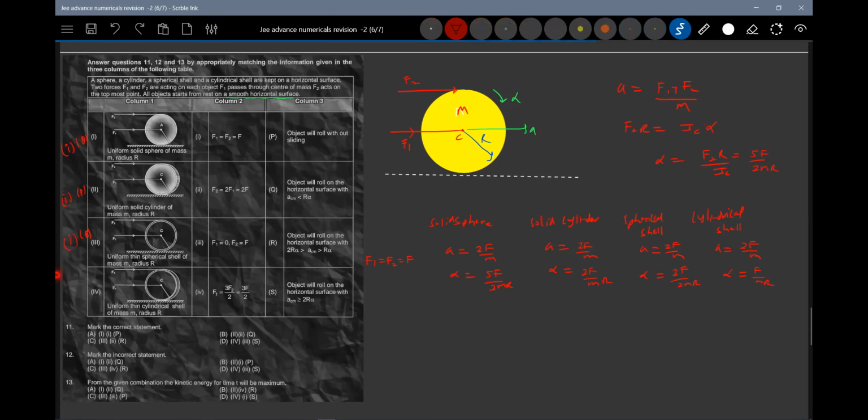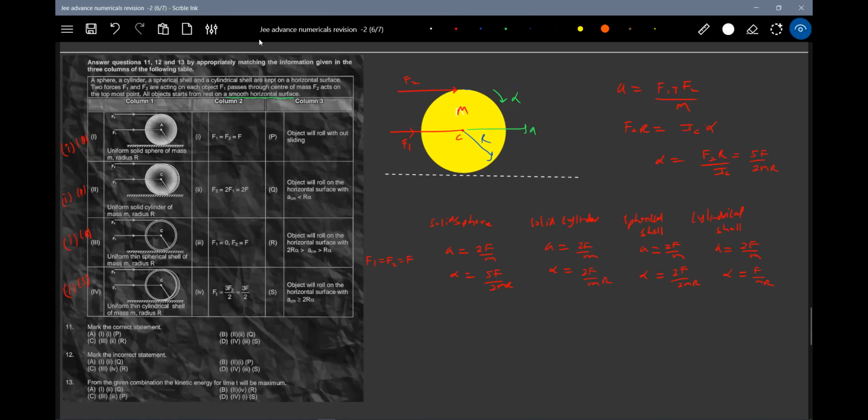Okay, this will come 1 is. Okay, this is like this. You have to verify now the other thing. F1 equal to 2F. F2 equal to F1 equal to 2F. F1 equal to 0.